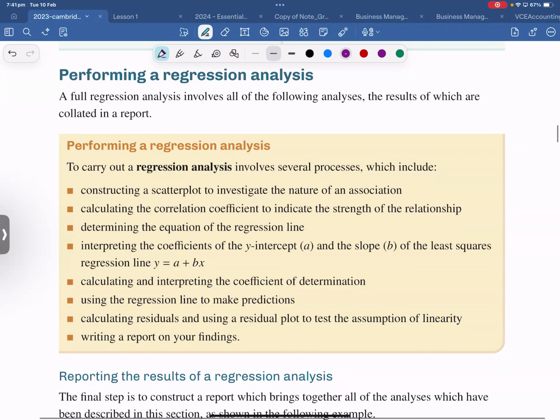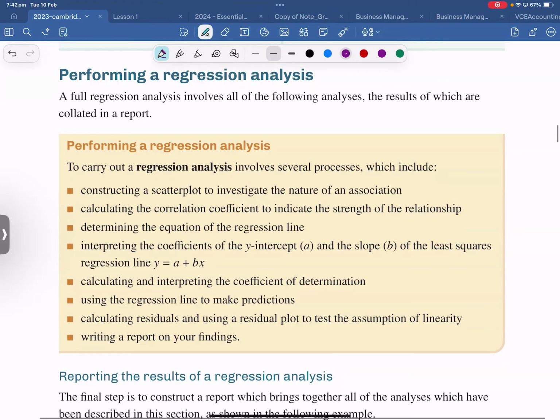Then by investigating, what did we calculate, guys? Correlation coefficient, right? The correlation coefficient is giving us the strength, and it also shows us whether it is linear or non-linear, and the form, whether it is going to be positive or negative.